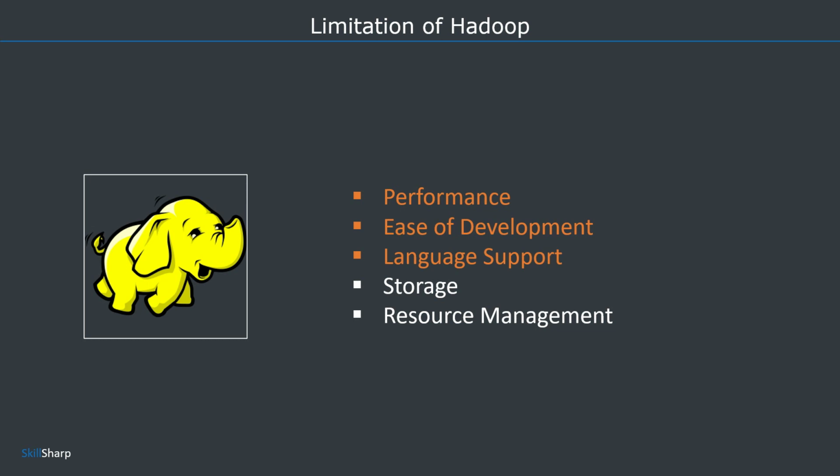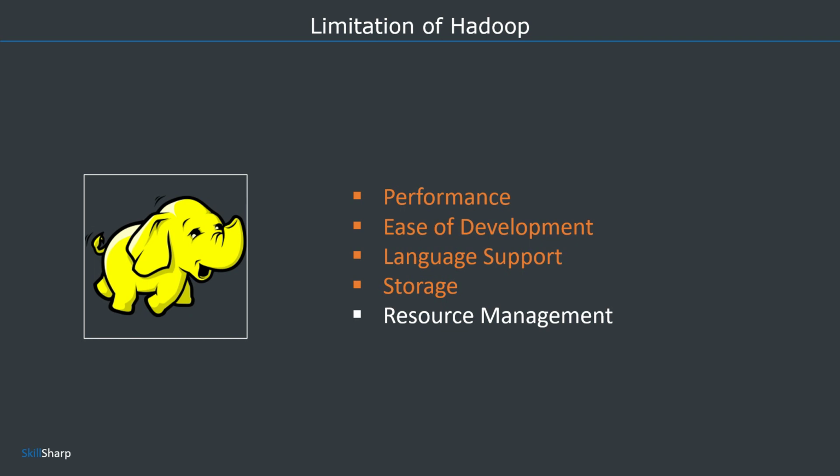Then the third thing is language support. Spark on Hadoop only supports Java or JVM based languages. That is again a problem because in the data world, most professionals use SQL-like tools, and in Hadoop, we have to use external software like Hive.